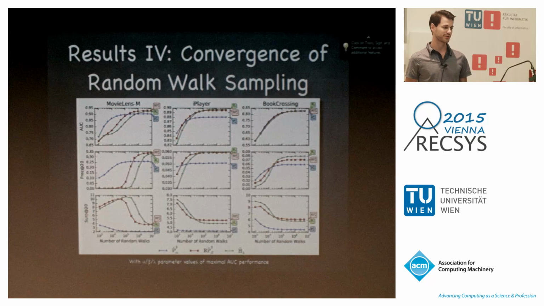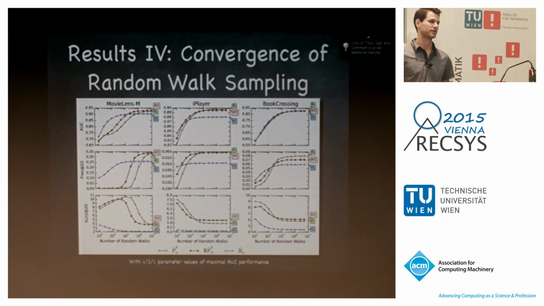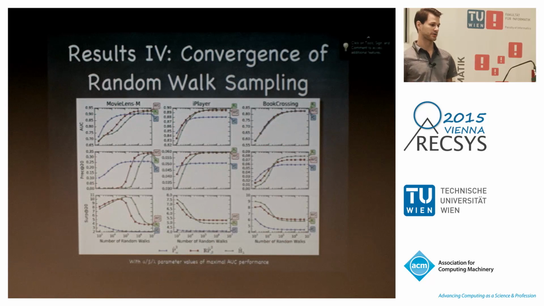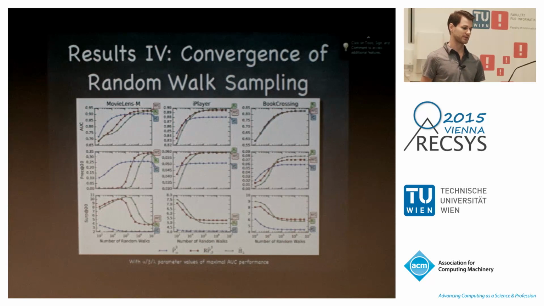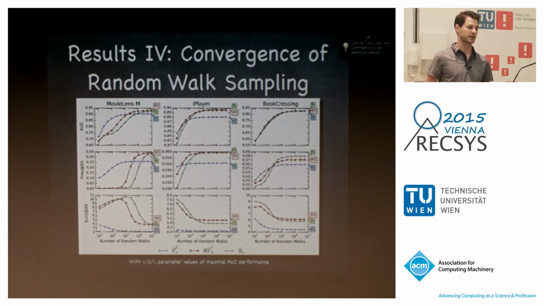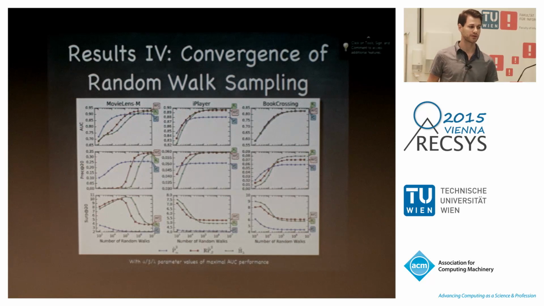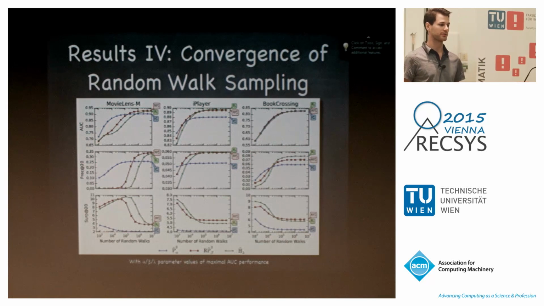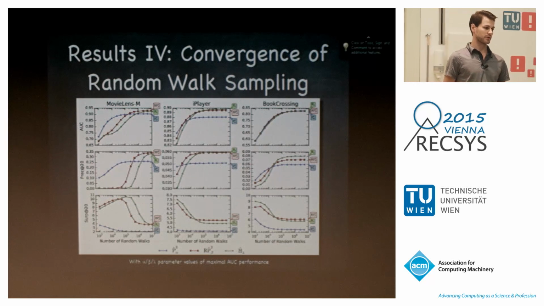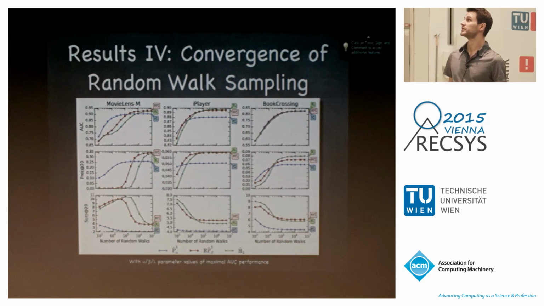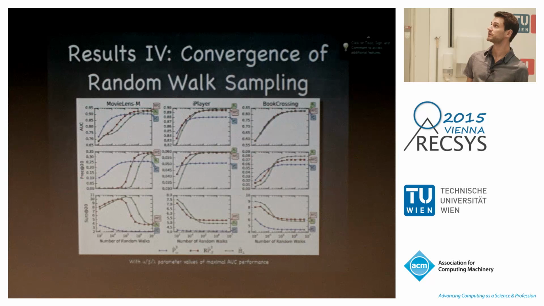So now, how do these random walk sampling approximations perform against the original, the exact calculations? Here we plotted for each of the 3 random walk sampling approximation methods the performance in terms of, again, precision, AUC and precision at 20, but also diversity.